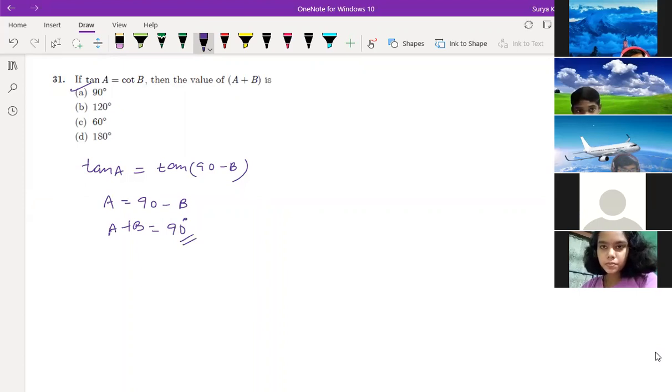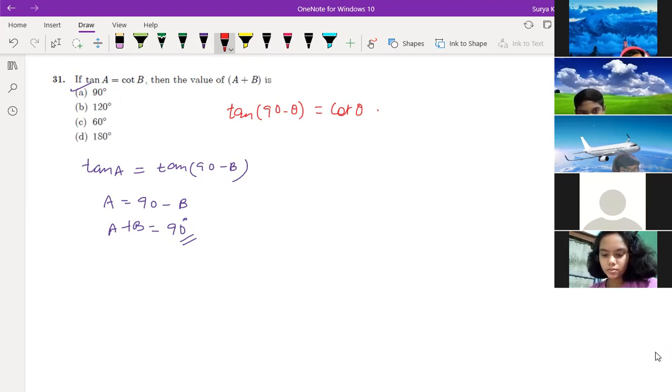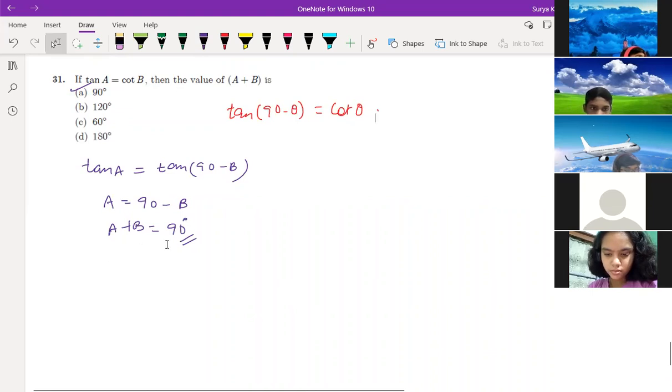Option A is the correct option. This is the sum of complementary angles. You know that tan 90 minus theta is equal to cot theta, no, Adarsh? Yes, sir. So tan A is equal to tan 90 minus B, so A is equal to 90 minus B, and A plus B is equal to 90 degrees. I think it's clear to everyone.